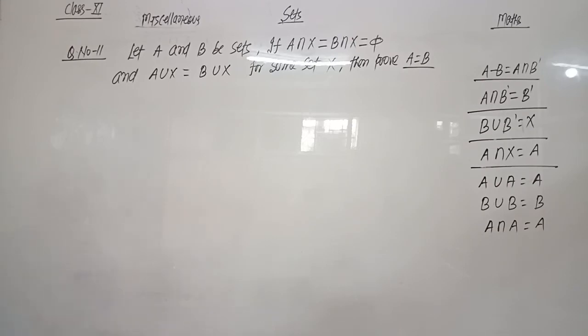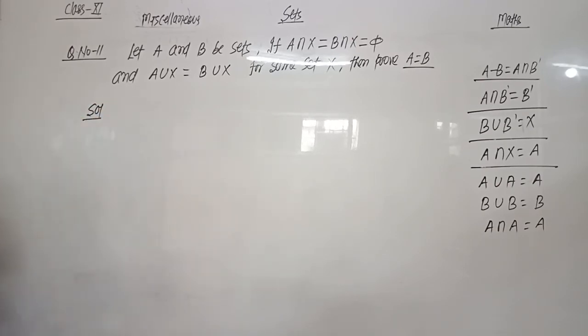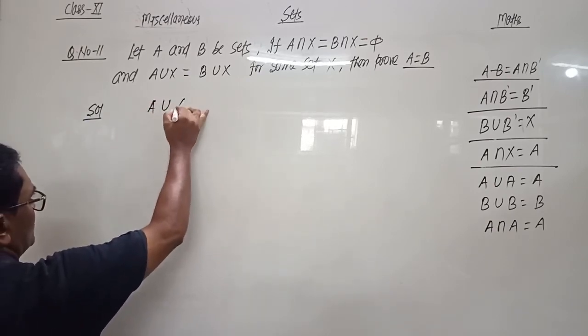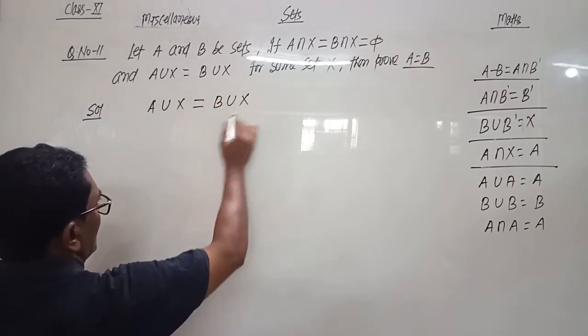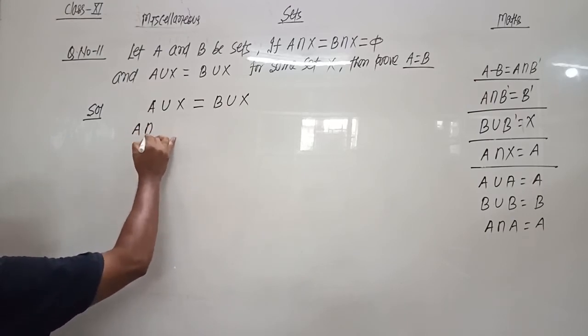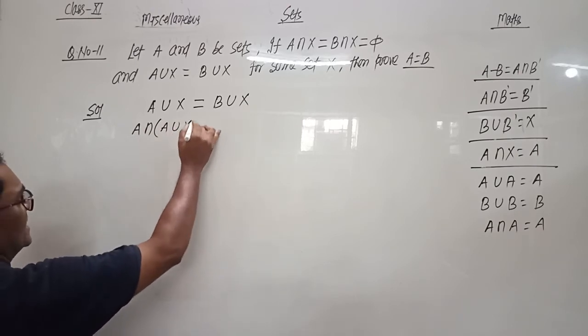So we are given A union X equals B union X. Apply A intersection on both sides.